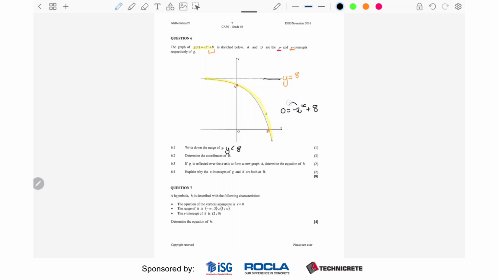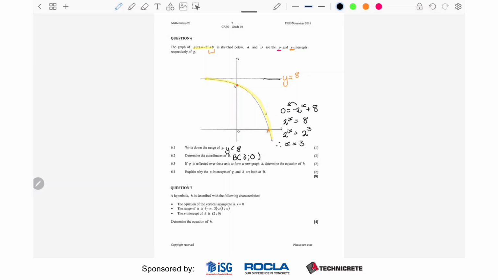Then let's bring this that side. 2 to the power of x is equal to positive 8. 2 to the power of x is also equal to 2 to the power of 3. Since that's also equal to 8 and we're making them have the same base, therefore x will be equal to 3. Therefore point B is (3, 0).